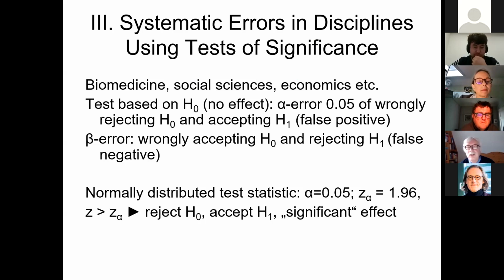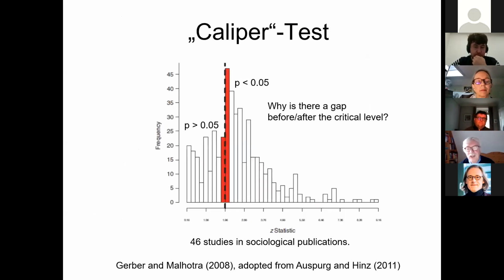And what happens in practice? Here is a study, and this is called the Caliper test. If there are true tests, we would expect that the frequency of values just before the critical threshold of 1.96 would be the same as the frequency of tests thereafter. However, there's a large gap. What does it mean?